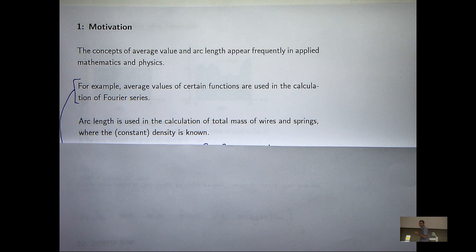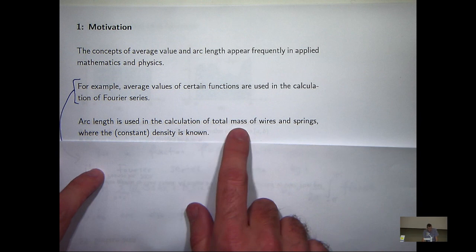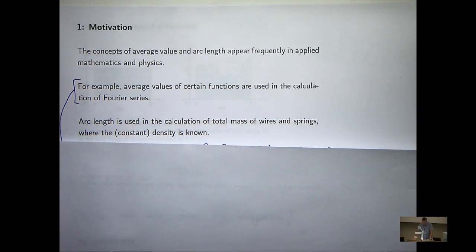In physics and engineering, if you have a spring or a coil with a constant density, you want to calculate the total mass of that spring or coil. Basically, it's just the density times the length of the coil, right? Density times distance. So in this lecture, we'll investigate how to work out these sorts of total masses, of wires and springs.